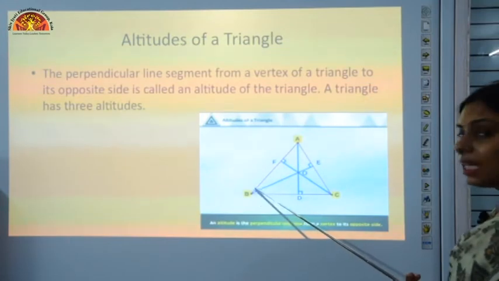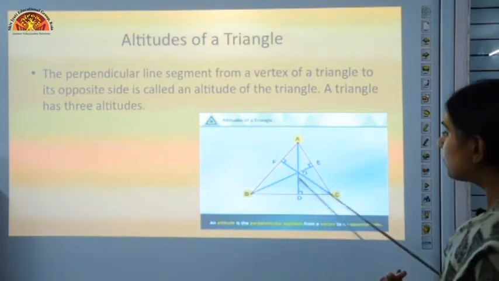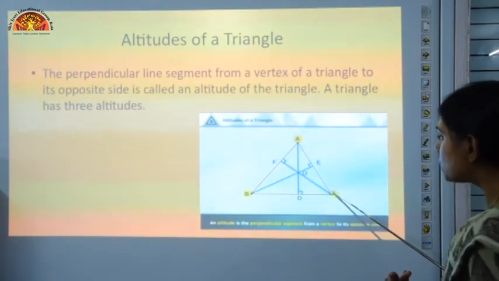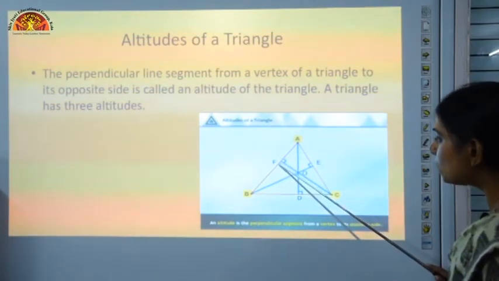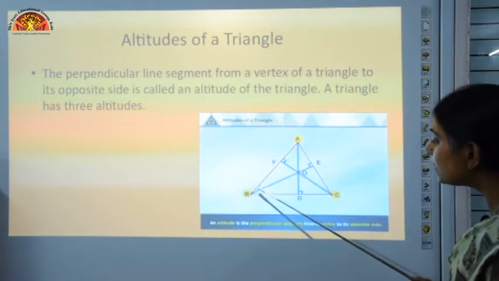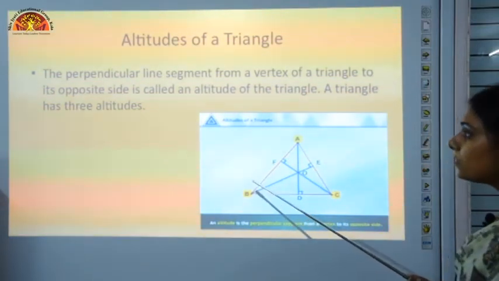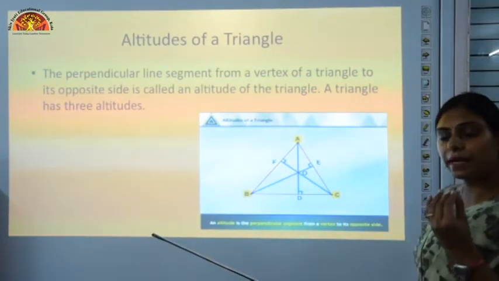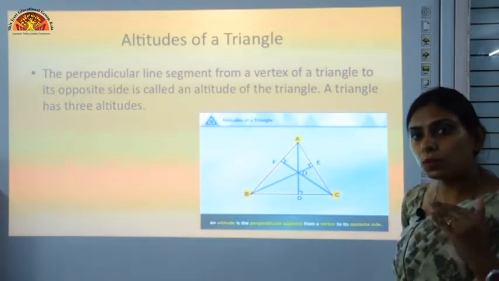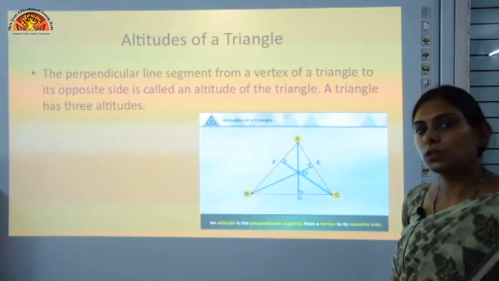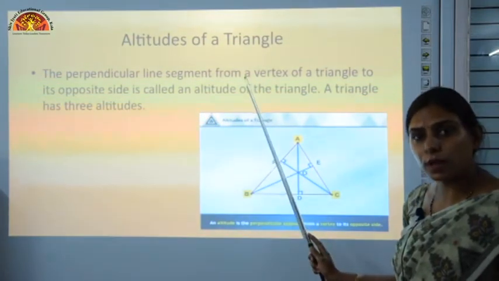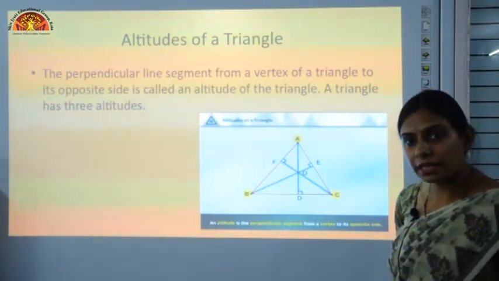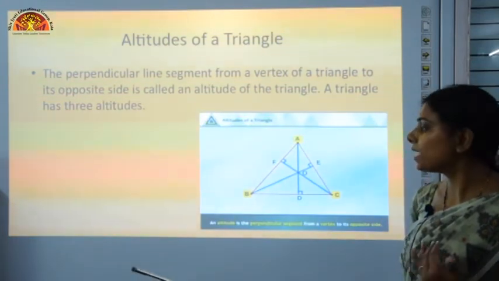Similarly, BE is the perpendicular line segment to the opposite side CA and CF is the perpendicular line segment to the opposite side AB. So, altitudes of a triangle, it is a perpendicular line segment from the vertex of a triangle to the opposite side is called the altitude of a triangle. In any triangle, there are 3 altitudes.